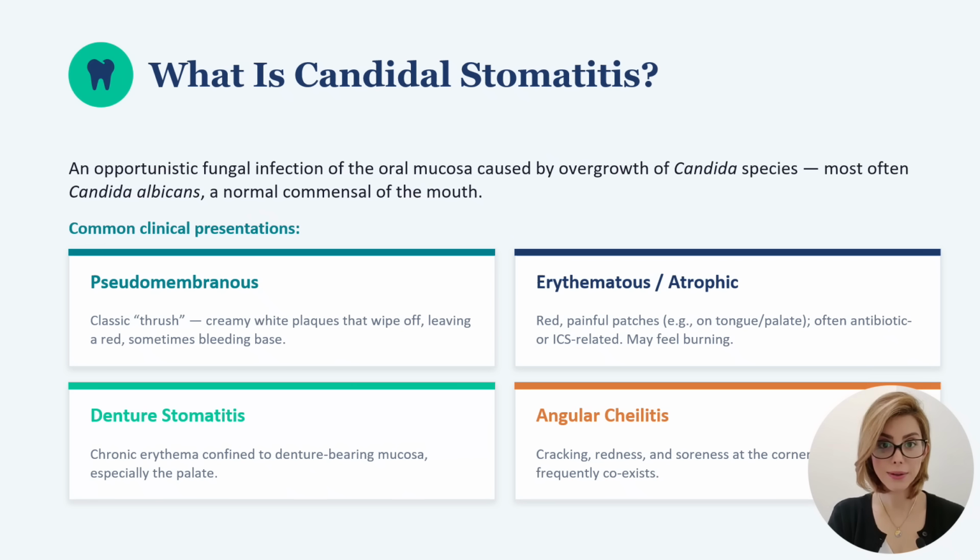In denture wearers, we see denture stomatitis, redness mapped right onto where the denture sits, usually the palate. And finally, angular cheilitis, that cracking and soreness at the corner of the mouth that loves to tag along. Recognizing which picture you're looking at helps guide your whole assessment.